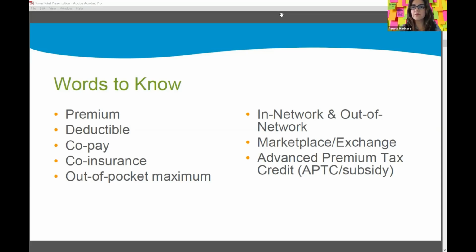So I'm just going to stop right there and see if anybody has any questions about any of this vocabulary right now. Okay, so I see in the chat box that somebody is saying, would you be so kind as to address Medicare?